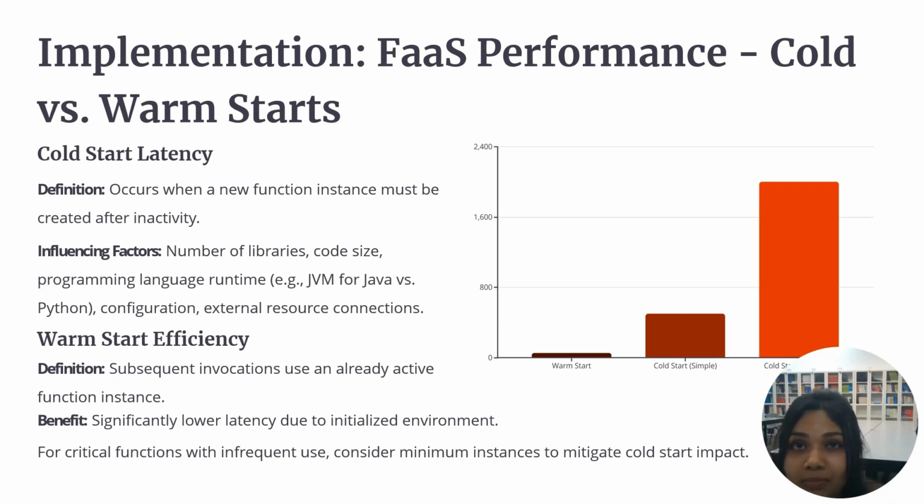A warm start happens when a function is in an execution state, or was recently invoked, and its running environment is currently active. Like using a heated oven, we just pop in the food, and the food starts cooking right away.